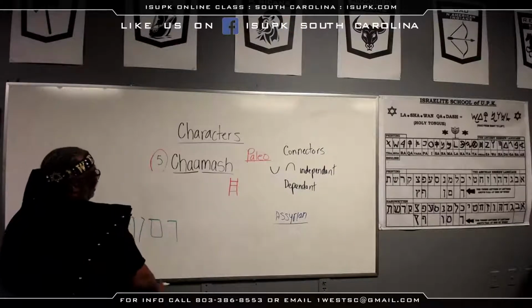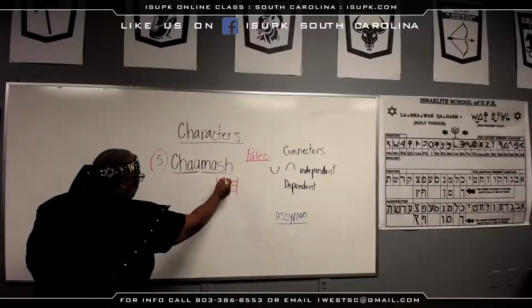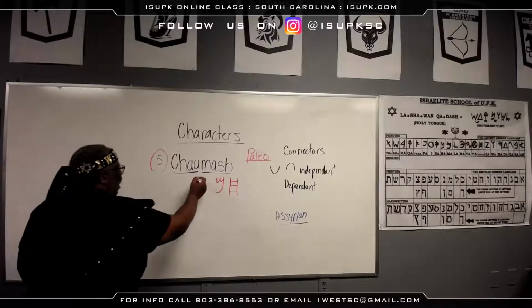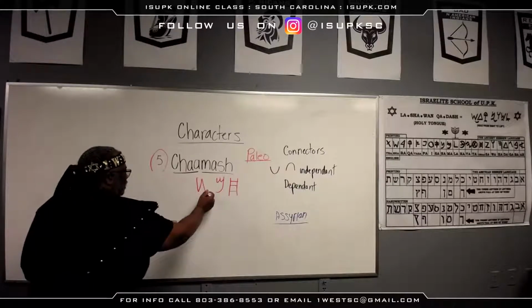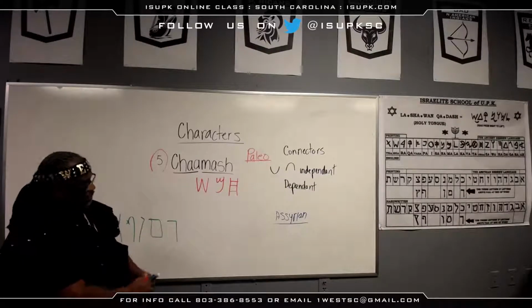There's your Ka, looks like a step ladder, right? Then you want to write a Ma, like that, Kama. Then you want to write a Sha. Qadash. That's what Qadash looks like in Paleo.